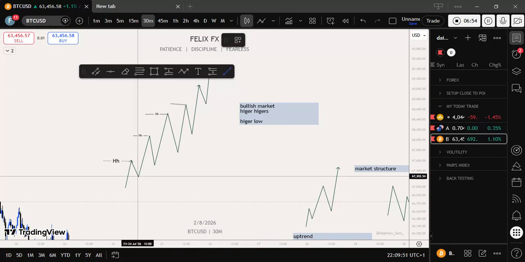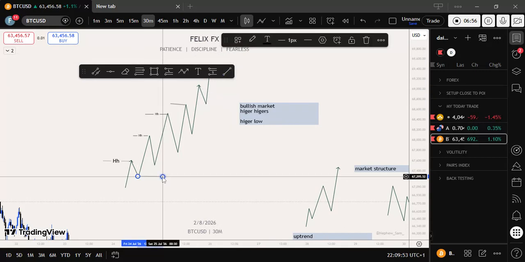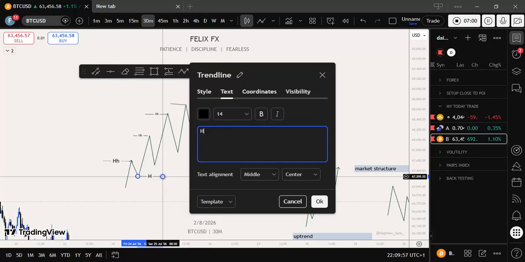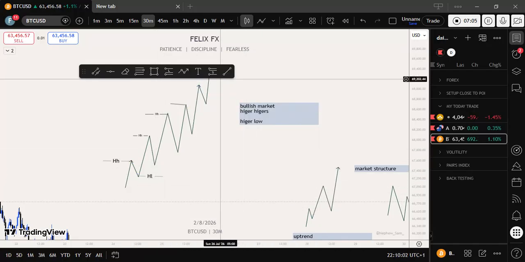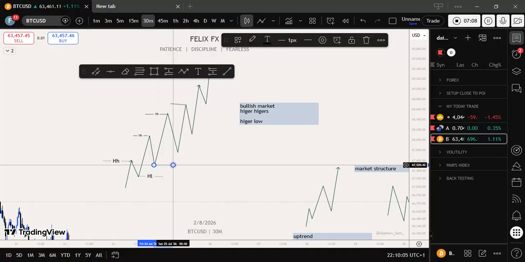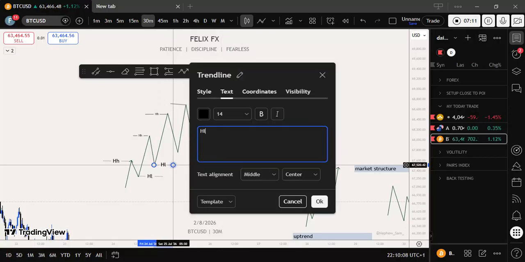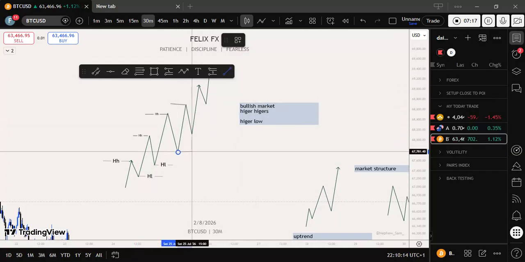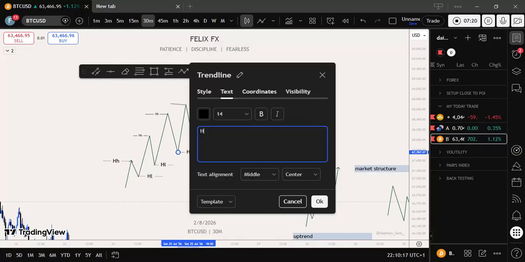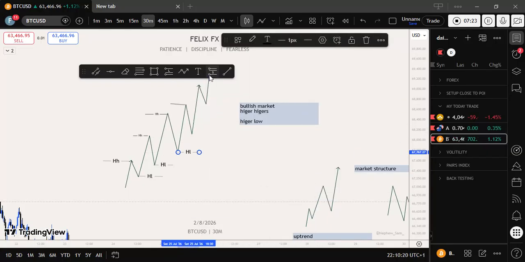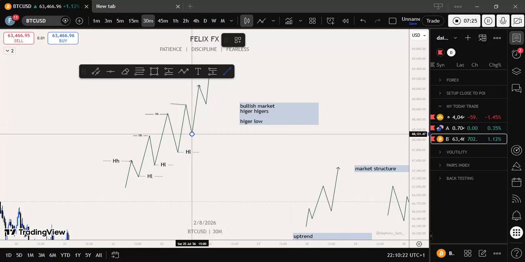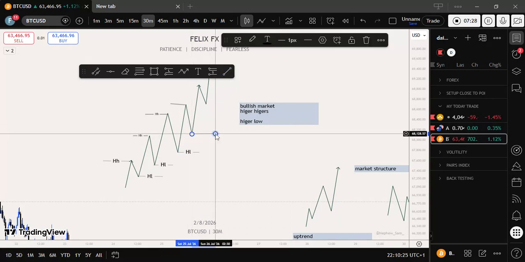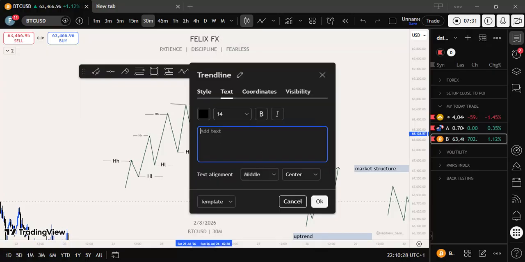So these zones here are your higher low, which is HL. HL means your higher low.